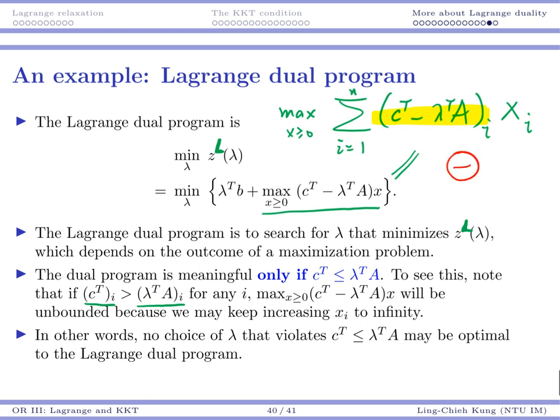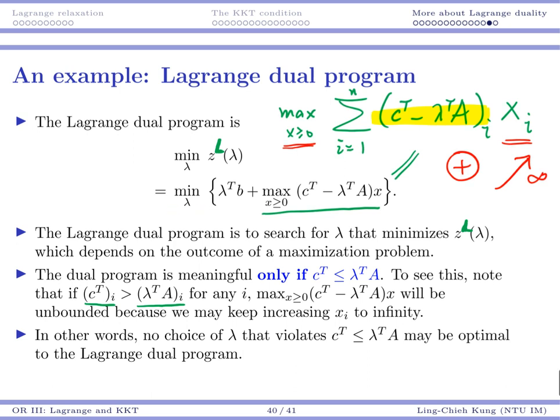If you have a positive term here, then for your non-negative x, you're going to push your xi to be infinity, and then your problem becomes unbounded. If that would be possible, then there is no way for you to do your minimization.